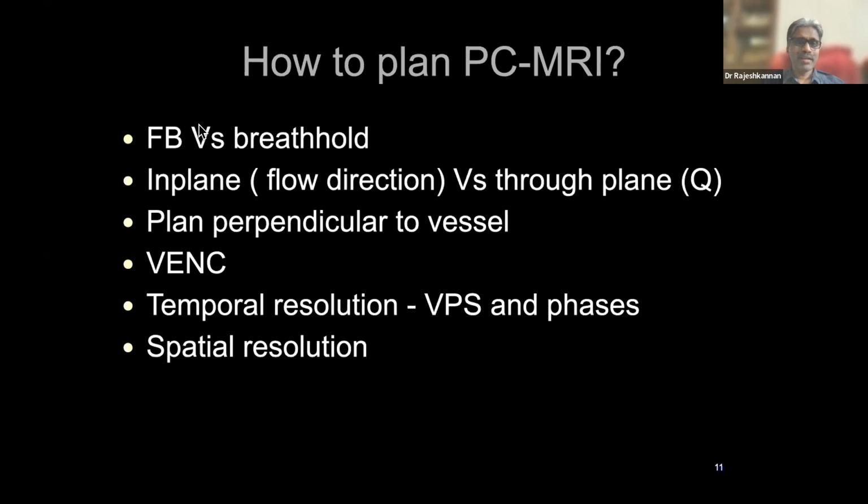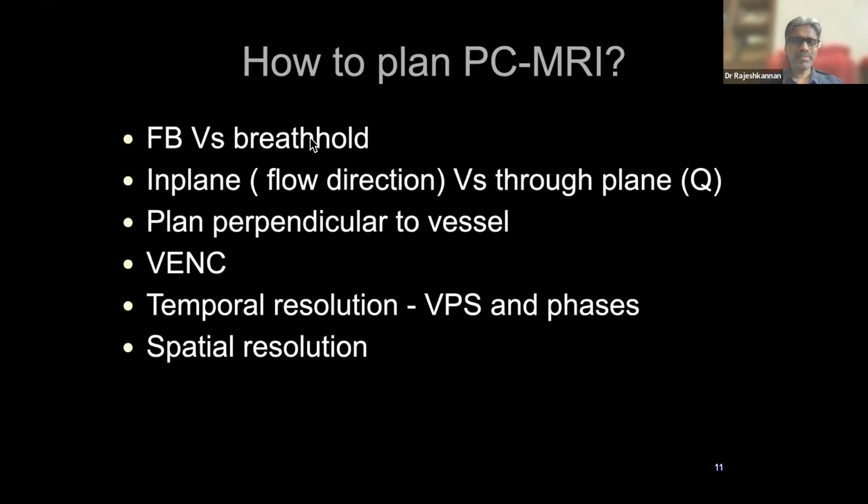In most clinical applications we can do it with breath hold sequences, whereas some of the physiology will be altered in complex congenital heart disease, especially the post-Fontan situation. What happens is, after a Fontan surgery, most of the blood flow is based on the respiratory variation.